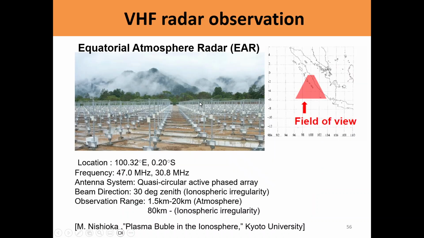Yeah, this is EAR. This one is at Kototabang, Indonesia. It's called Equatorial Atmosphere Radar. It's a very big project. It looks similar to an ISR, right? And in Kototabang, all these beams will face south, this area.